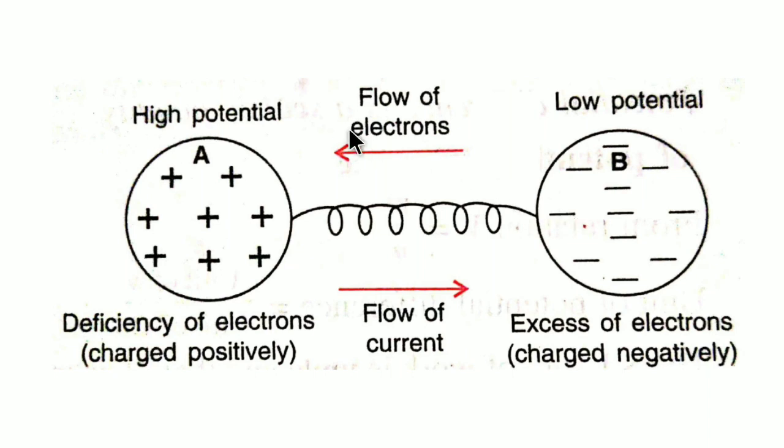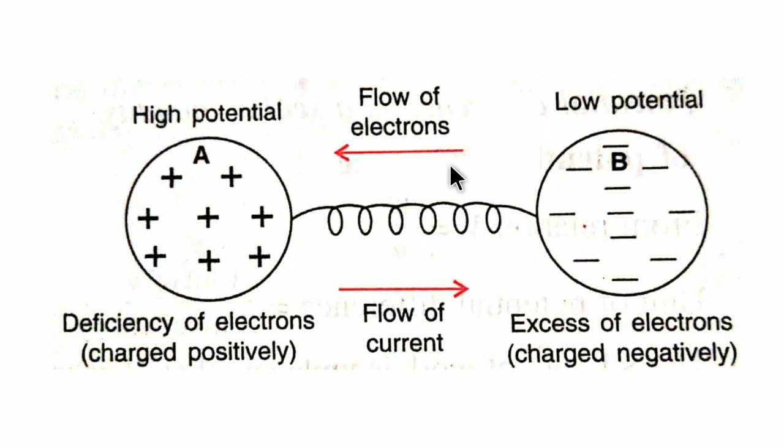So when the flow of electrons is from lower potential to higher potential, we conventionally come to the agreement that the flow of current will be from the higher potential to lower potential. So the electric current is said to flow from a body at higher potential to a lower potential, in a direction opposite to the direction of flow of electrons.